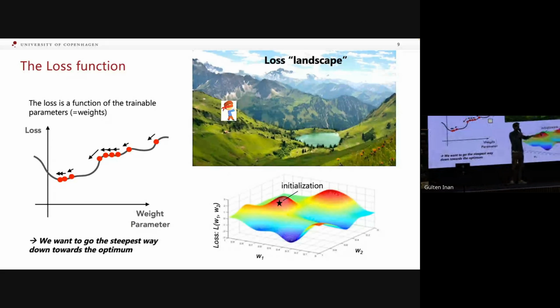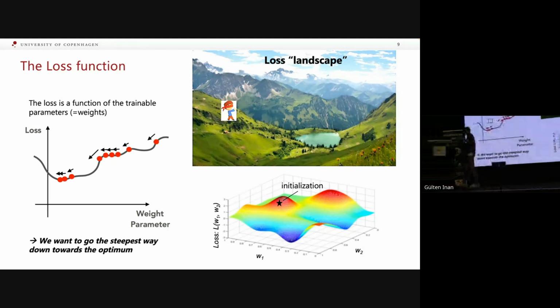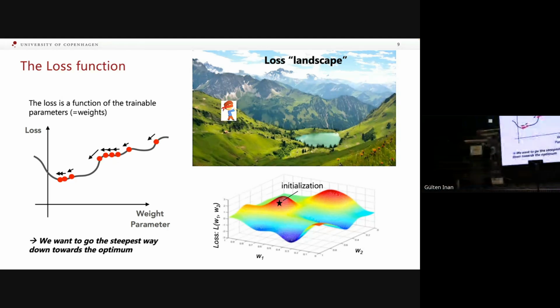It cannot look into the distance and say, oh, I see a local minimum over there, and I have to go this way. We only see the neighborhood, basically. So you can think of it like this little figure here that blindly tries to figure out, oh, which is the steepest way to go for my next step, and then I will go that step. And this is the iterative process that we use to optimize these neural networks.